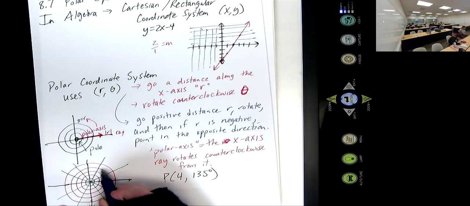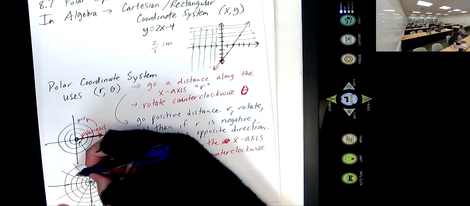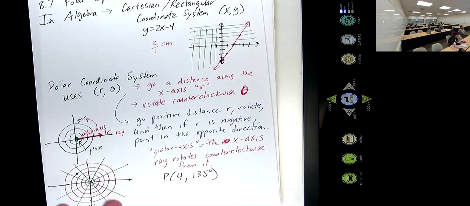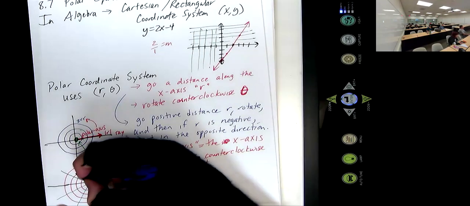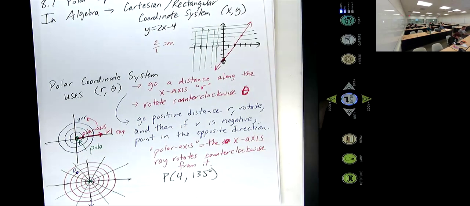What angle would that put us at in quadrant 2? It's like the 45 mark when you're going between the 90 and the 180. It's a handy way of thinking about it, but it is definitely 135. So that's the point P. It's on the fourth ring at 135 degrees.